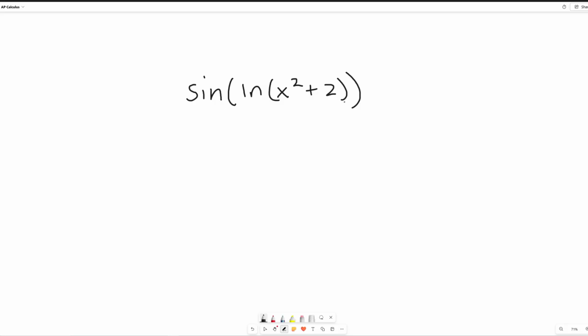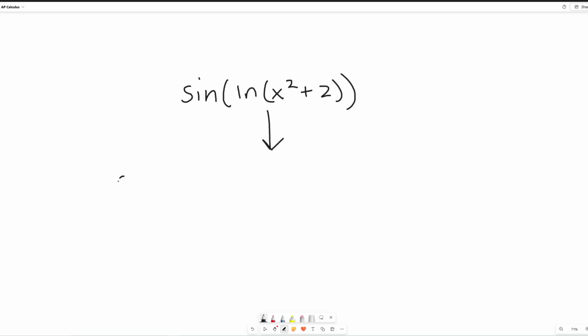So with what we know now, how would you solve this? Well, you go from outside in. So first, the sine is going to transform into cosine ln x squared plus 2.